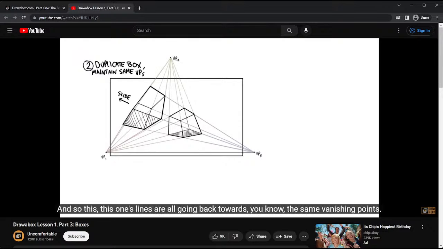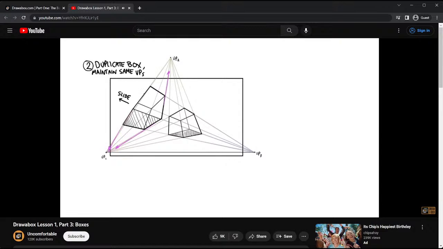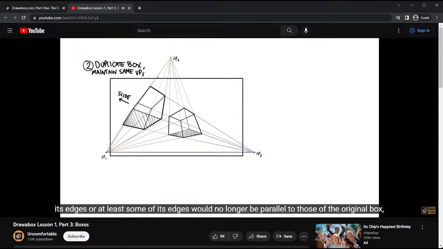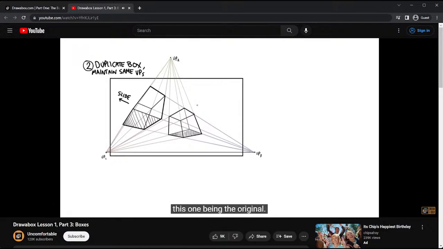And so this one's lines are all going back towards the same vanishing points. Now, what happens is, if I were to rotate this second box, if I were to change its orientation in space, its edges, or at least some of its edges, would no longer be parallel to those of the original box, this one being the original.